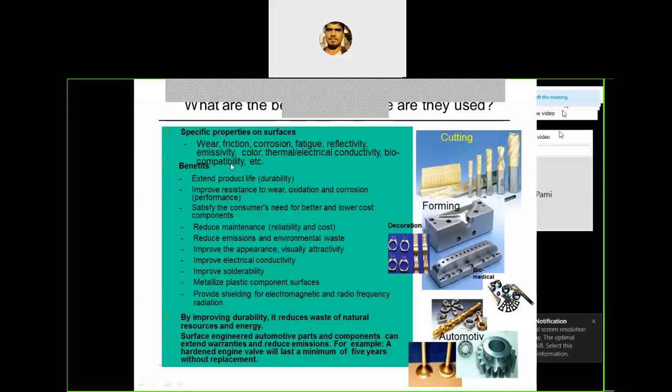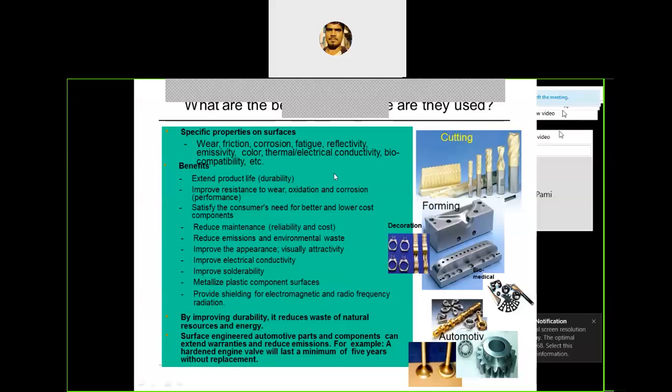If it is economical, then it will satisfy the customer's needs. Then it reduces maintenance, because if friction reduces, indirectly maintenance also reduces. If more friction is there, then from time to time you have to introduce lubricant, provide proper lubrication, check the surface, and monitor every time. It needs more maintenance, but by using this we can reduce the maintenance.